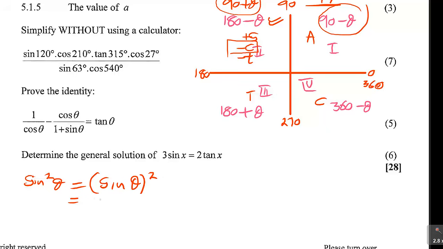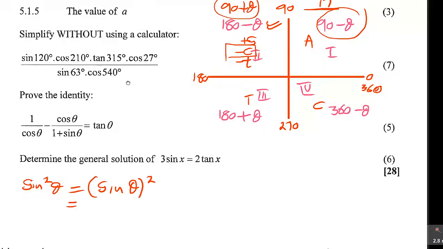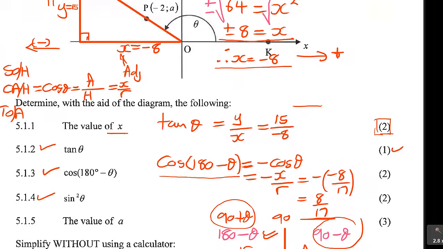Now sine theta, remember, we come back to our SOHCAHTOA here. You can see that sine theta is equal to O over h, which is opposite over hypotenuse, and opposite is y over r. So that's what you have.